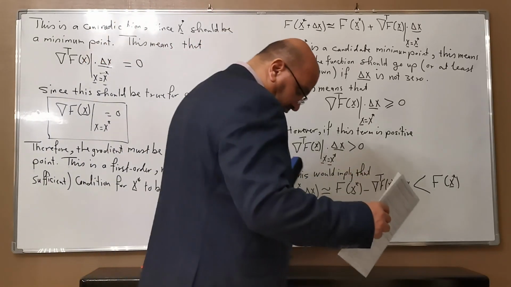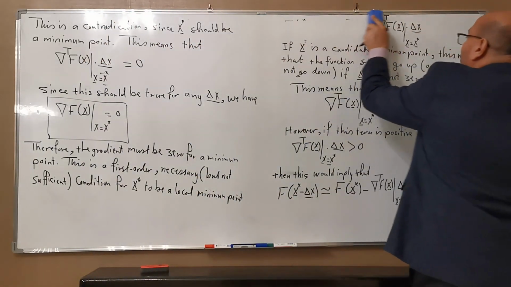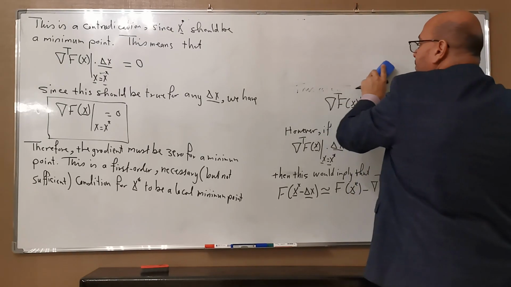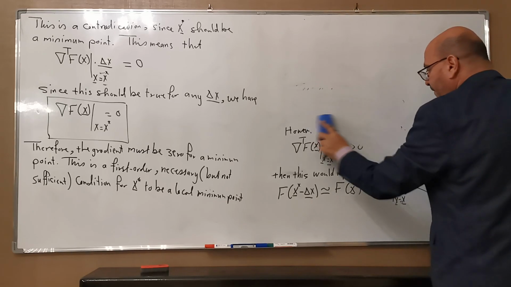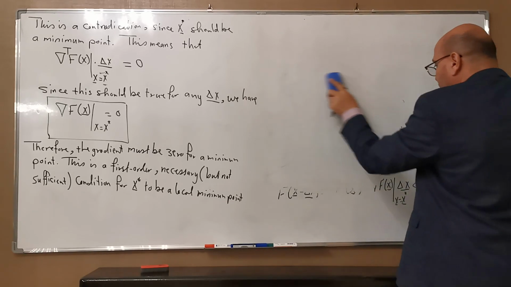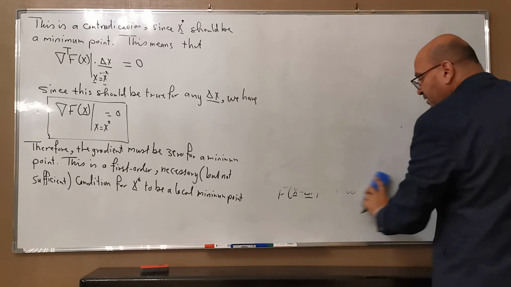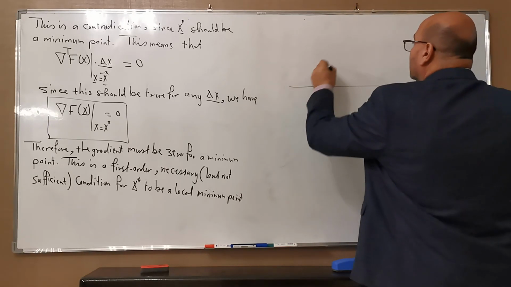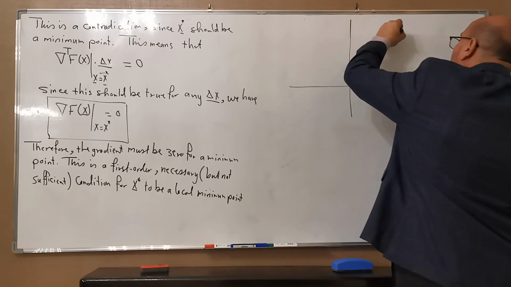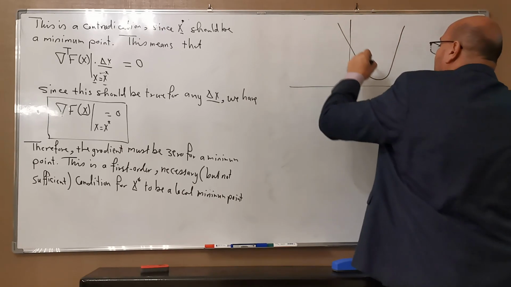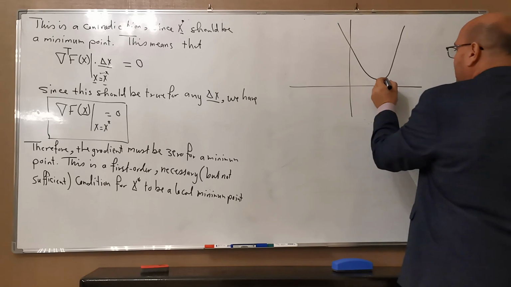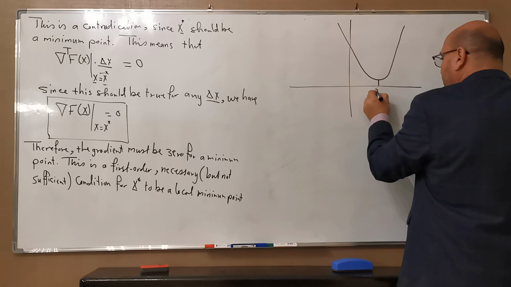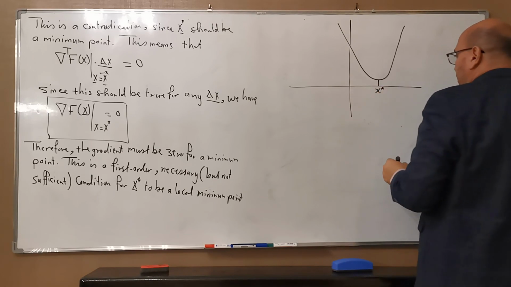Okay, let me just elaborate on this. Let's take a curve in the two-dimensional space and see that if you have like this a curve where you have a minimum here, so you have here your x star.